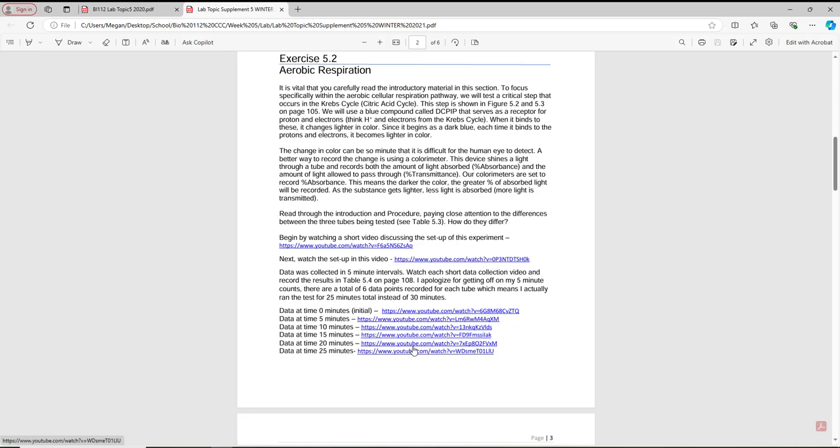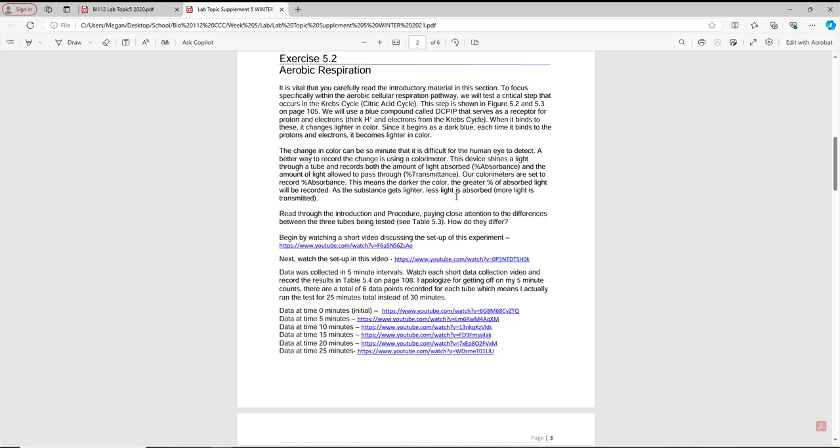And then basically, you're going to see how this process goes through, the colorimeters are set up to basically look at the absorbance rate of color throughout the experiment.